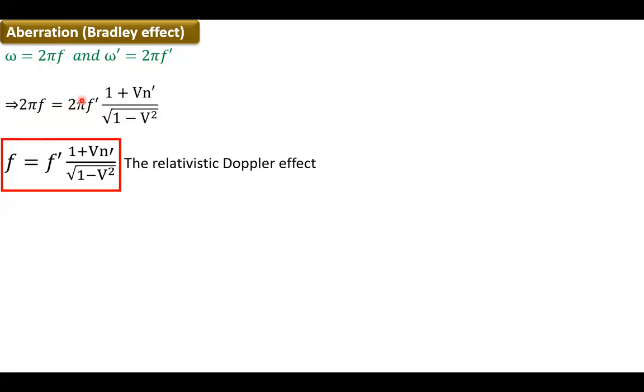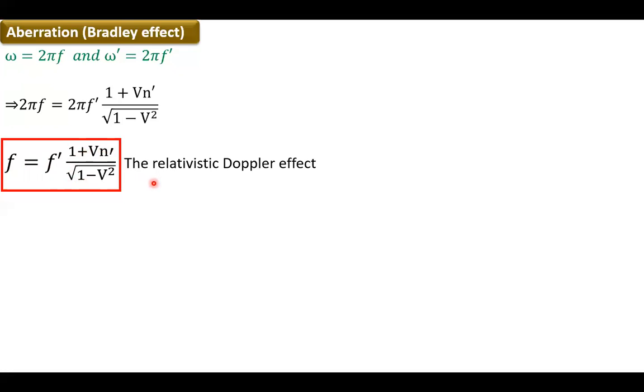You remove the 2 pi, and you get a final equation that gives you the frequency in the rest frame as a function of the frequency in the mobile frame. f is equal to f prime times 1 plus v n prime over the radical of 1 minus v squared.